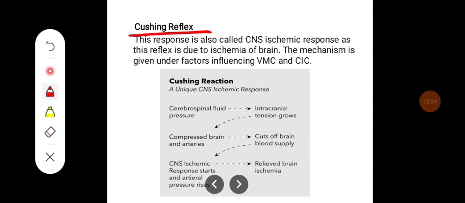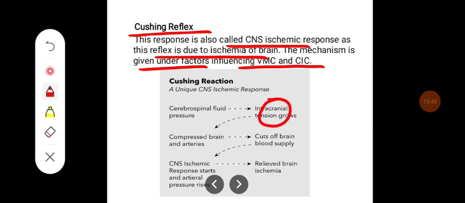Cushing's reflex. This response is also called CNS ischemic response, as this reflex is due to the ischemia of the brain. The mechanism is given under the factors influencing the vasomotor center and cardiac inhibitory centers. Whenever there is an increased intracranial tension, an increased pressure in the cerebrospinal fluid, it is going to compress the brain and arteries, and it cuts off the brain blood supply.